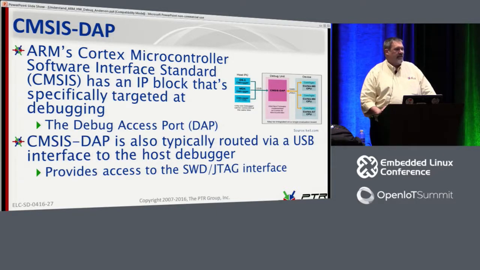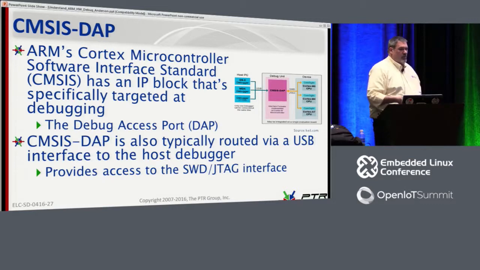We're also starting to see it happen more often in SoCs that have, say, a Cortex A9 and a series of Cortex M3s or M4s embedded inside of the core. So we may use a standard JTAG to get access to the A9, but we may be able to use CMSIS-DAP or OpenSDA or one of these other techniques to get access to the Cortex M3s and M4s.